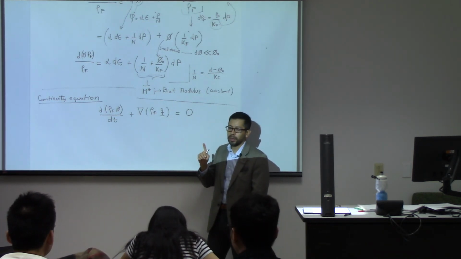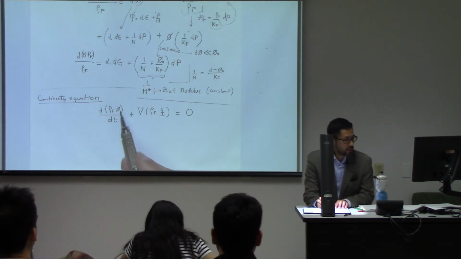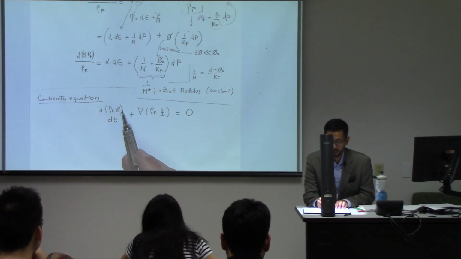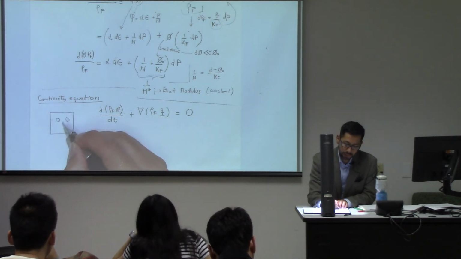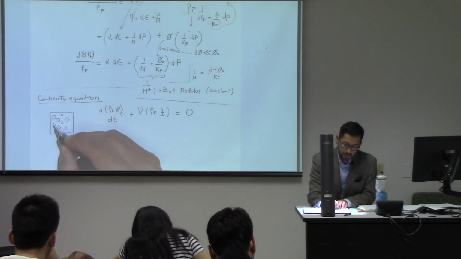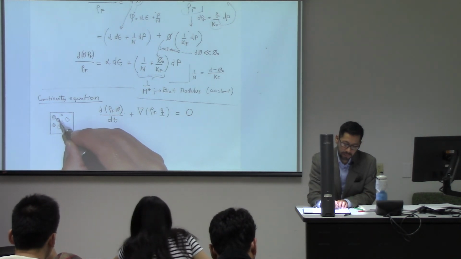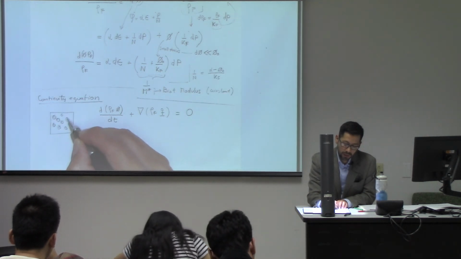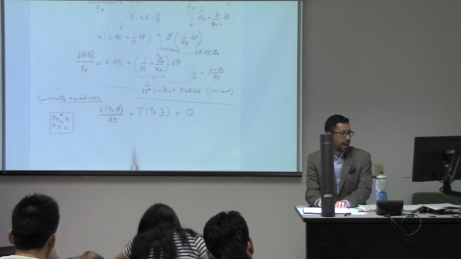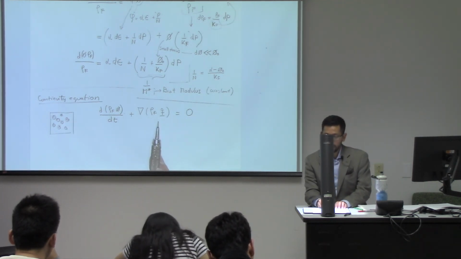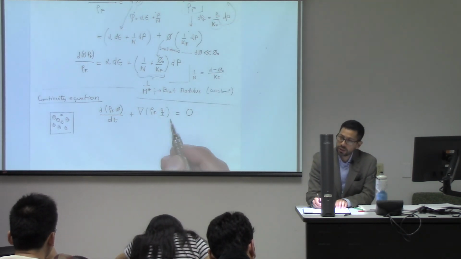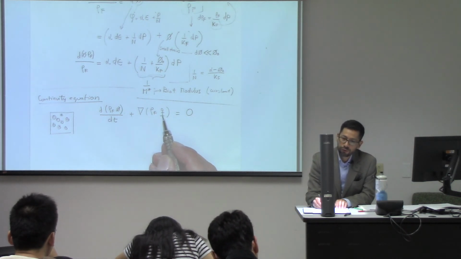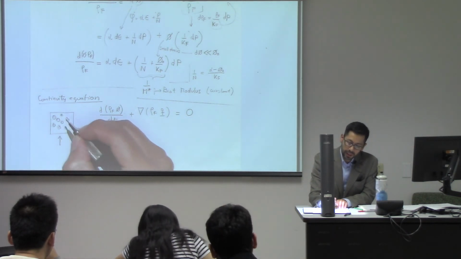Okay. So, this term tells you the variation of amount of fluid in a porous medium as a function of time. And this one over here, it tells you what is the variation of flows here and there.